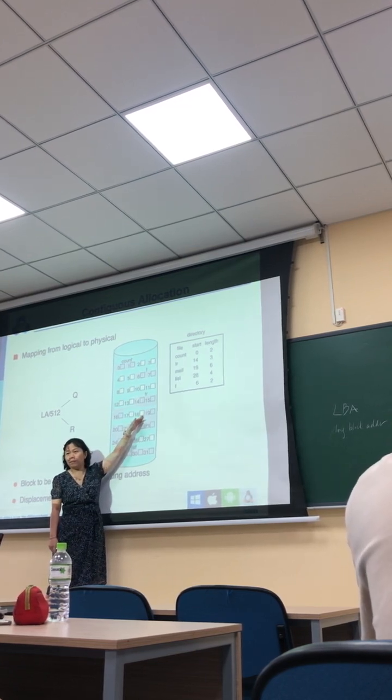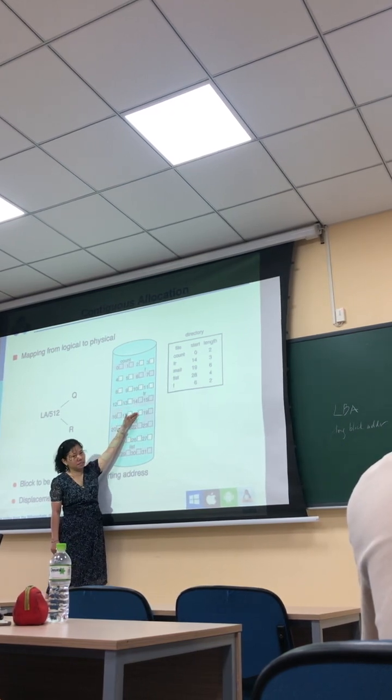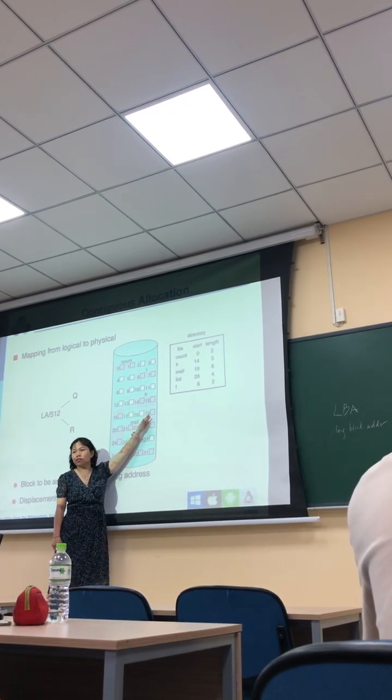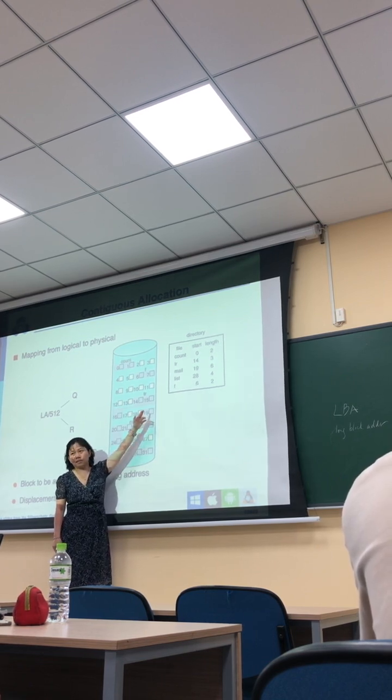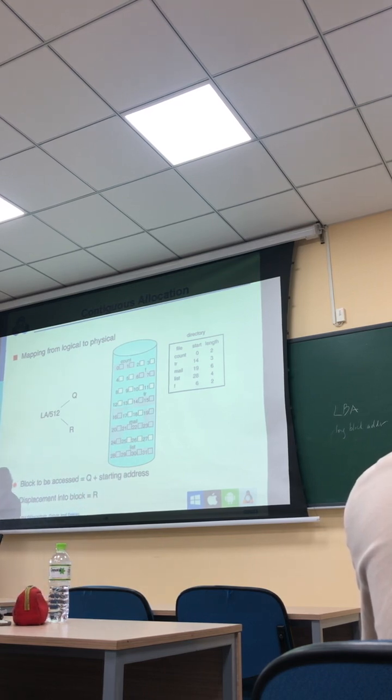But the problem, if after that you use 17 and 18, you cannot extend more, because we don't have free space after that. So this is the limit of extension. Okay? So this is the problem when we use contiguous allocation.